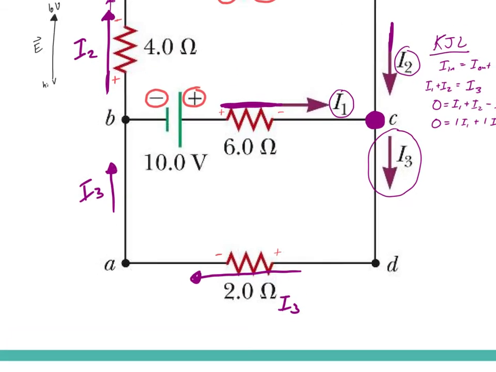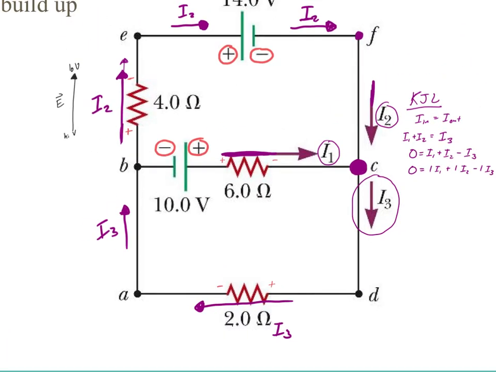I do not need to worry about voltage differences for the wires, because the wires have no resistance or negligible resistance. Therefore, the voltage across them is going to be 0, because voltage is equal to current multiplied by resistance. No resistance, no voltage drop due to any sort of resistance. But current still flows through there.